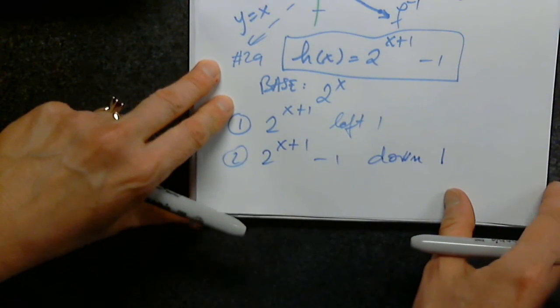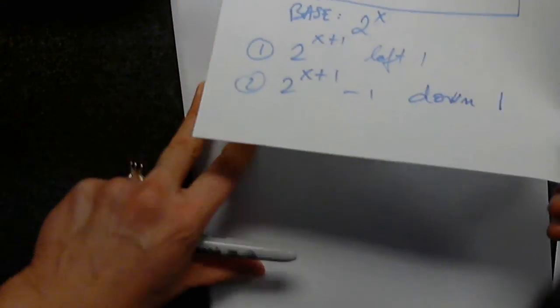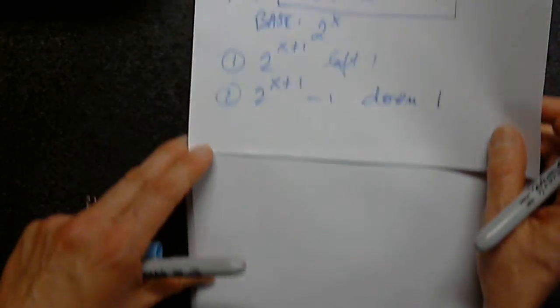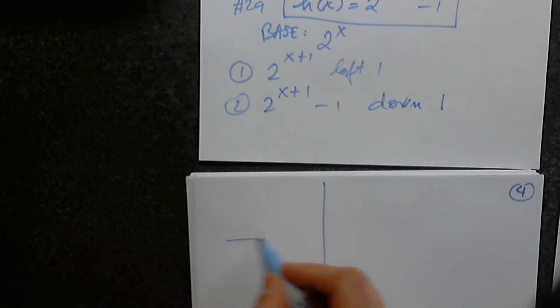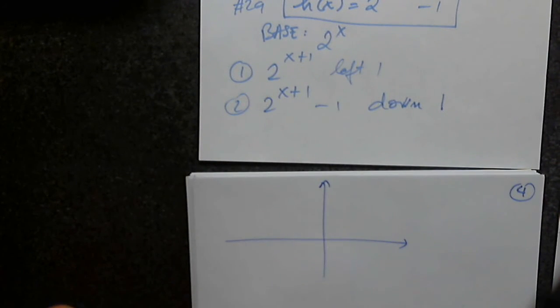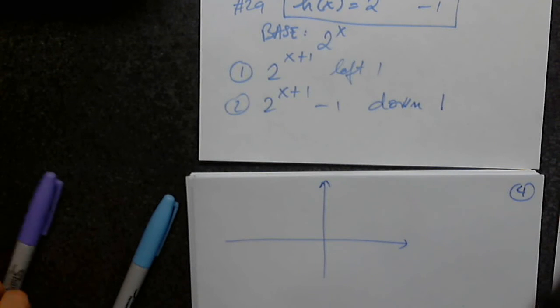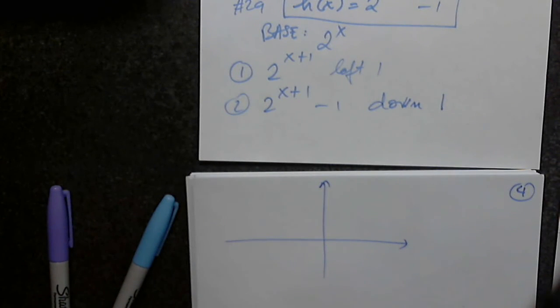Now I'm asking myself, how do I graph 2 to the x? Is it an increasing function? Is it a decreasing function? Does it have asymptotes? How do I graph it? Yes, and it has a horizontal asymptote at negative infinity.